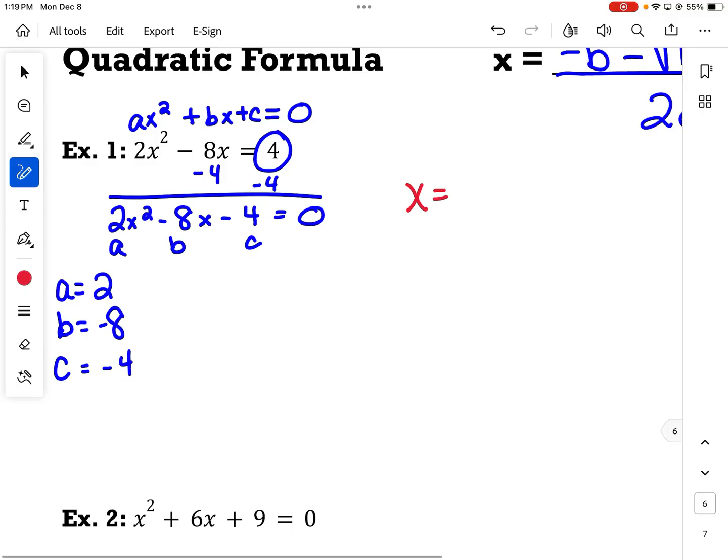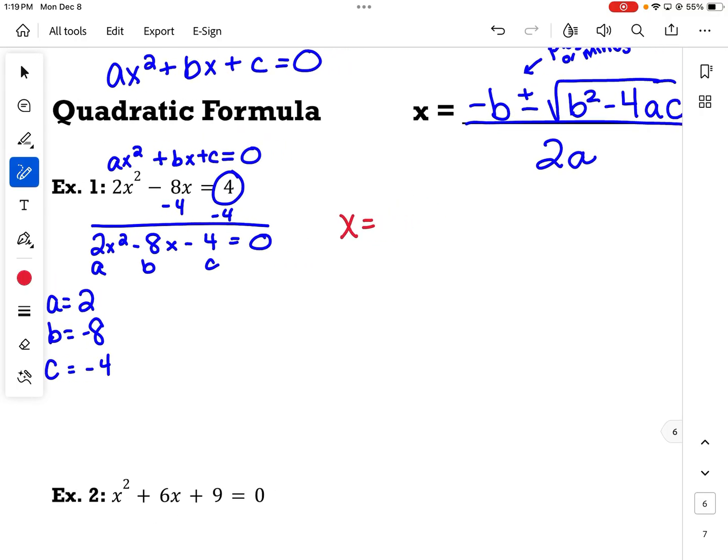So x equals, it says negative b. Well, b is already a negative, so all that does is change the sign. So it's x equals 8, because negative, negative b is positive 8, plus or minus the square root of b squared, which is negative 8 squared, minus 4 times a and c.